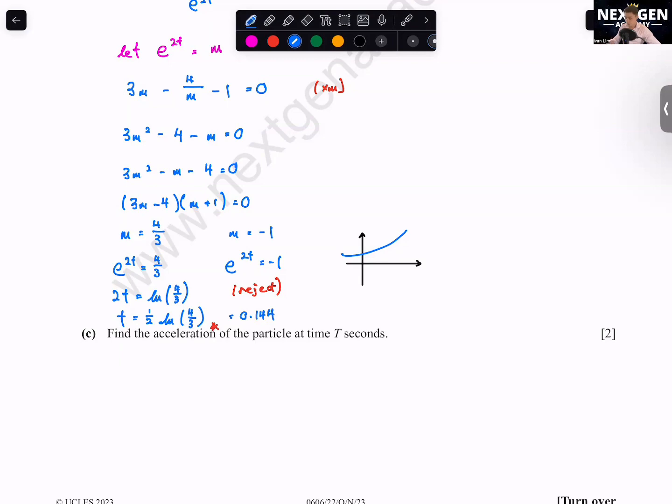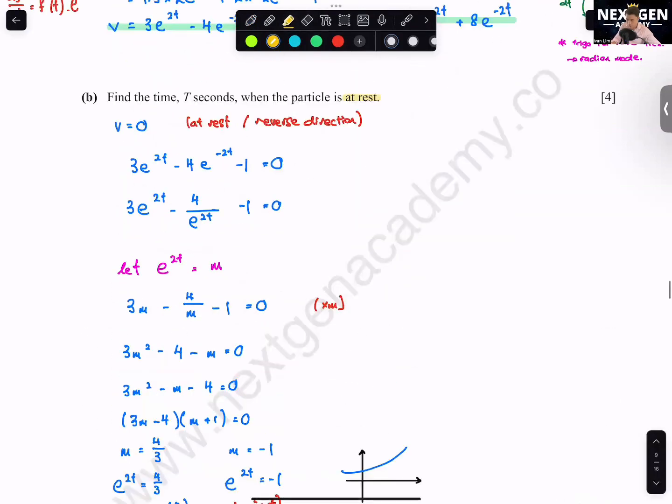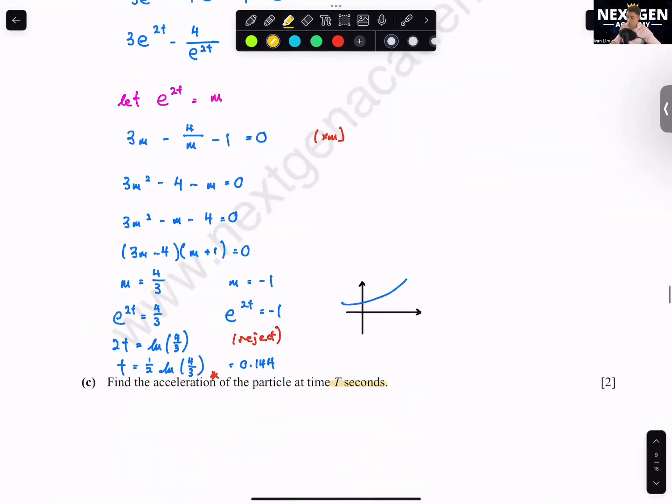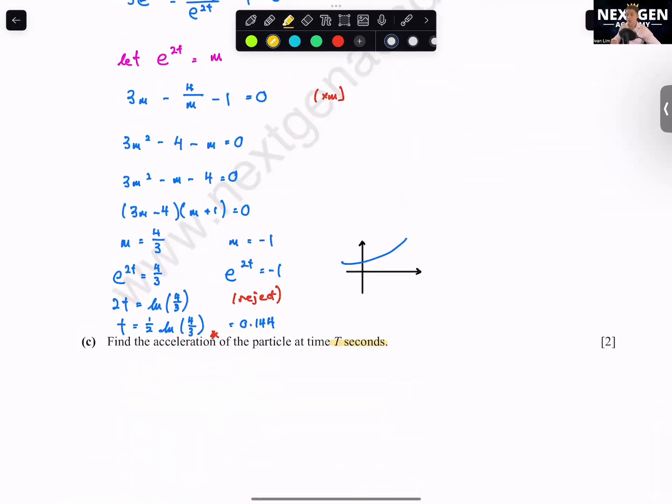So this T, they are referring to the previous question. You see this capital T, right? They say find the time T seconds. So whichever that you all use, if you use the decimal, then you stick with the decimal, you just substitute into your a value. So a, 6e^(2 times 1 over 2 ln 4 over 3) plus 8e^(negative 2 times 1 over 2 ln 4 over 3).